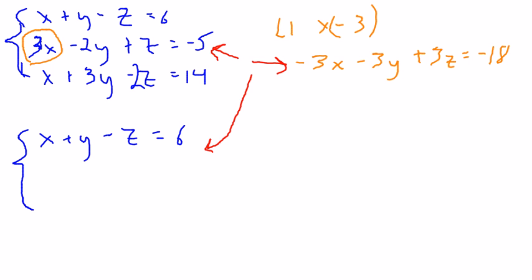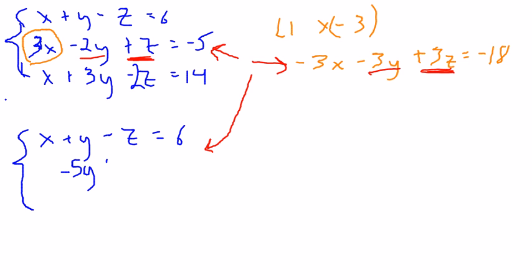So that gives me 3x, and then I have a negative 3x. They add together and cancel out. Then I've got a negative 2y and a negative 3y. That adds to negative 5y. Now I have a plus z and a plus 3z.